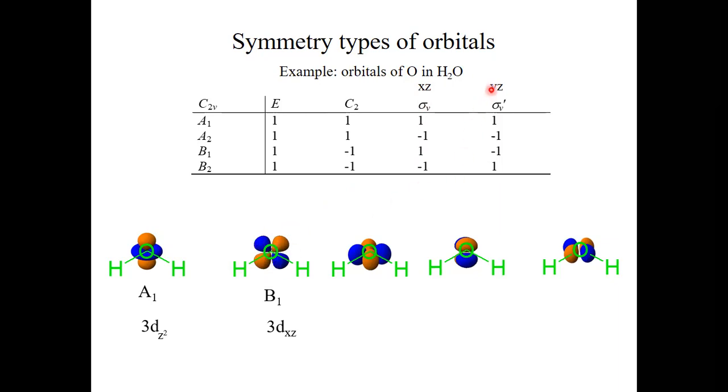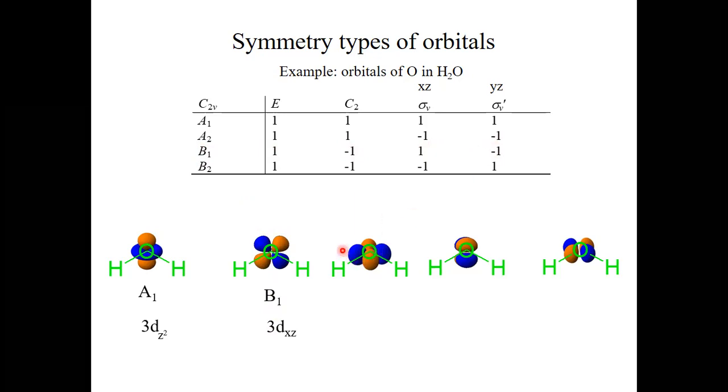But when we apply the YZ mirror plane, then this does flip the algebraic signs again. Okay, because the YZ mirror plane stands here. So again, these two lobes are getting swapped up and these two lobes are getting swapped up, and these pairs of lobes have different algebraic sign. So that means that overall we have B1 symmetry. For E and sigma XZ, the characters are 1, and for C2 and sigma YZ, the characters are -1.